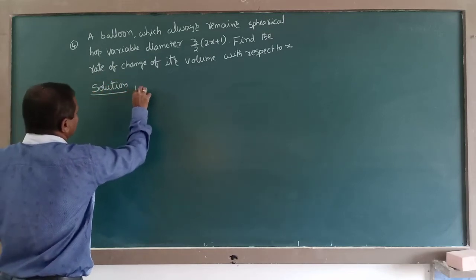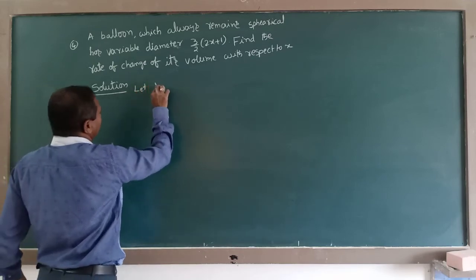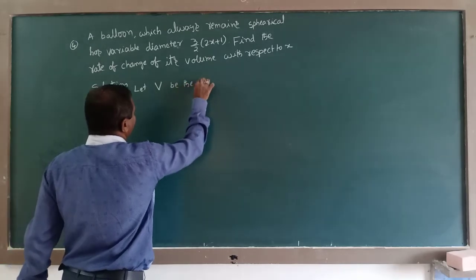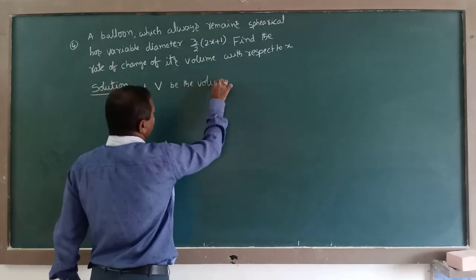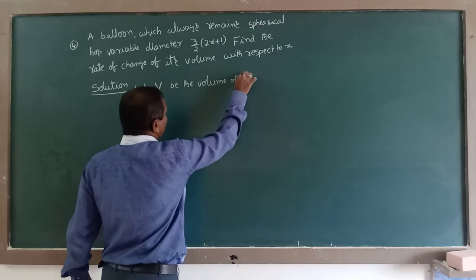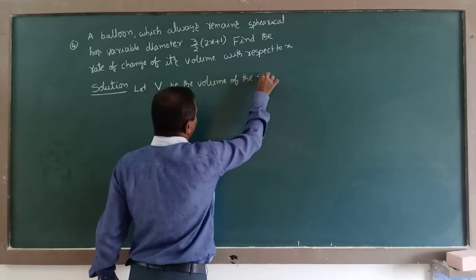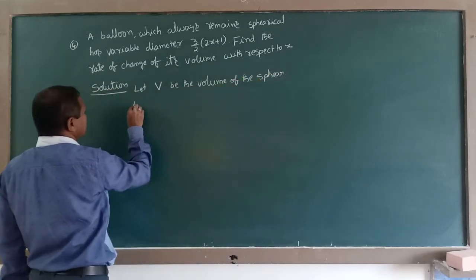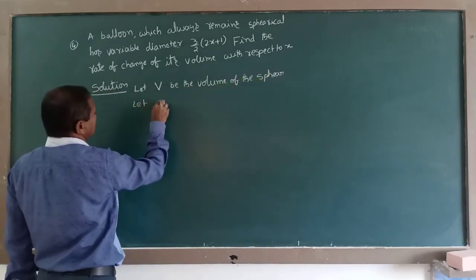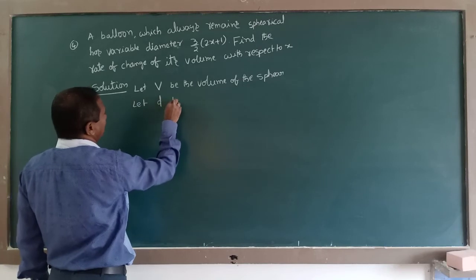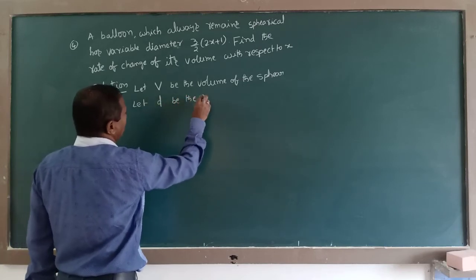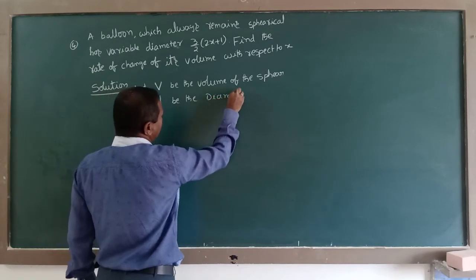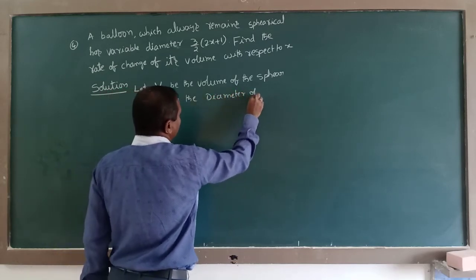Let V be the volume of the sphere. Let small d be the diameter of the sphere.